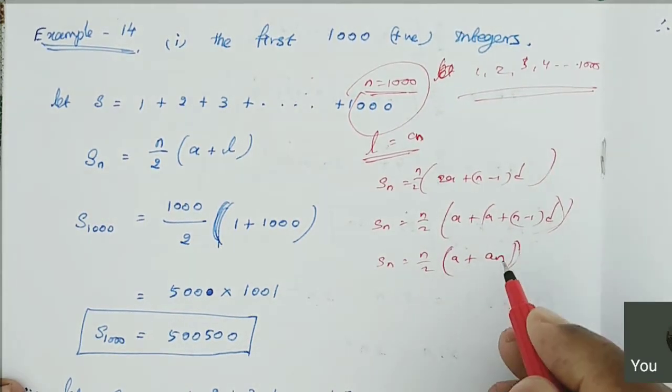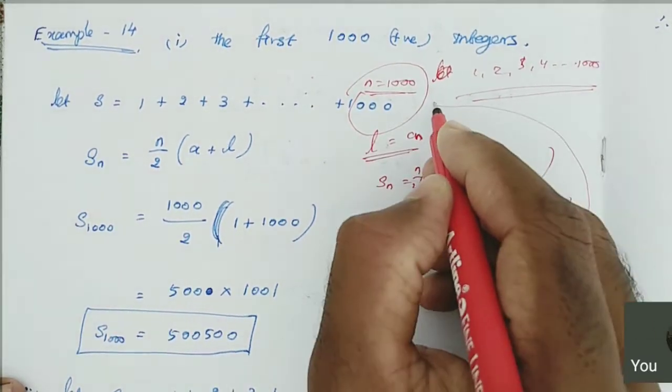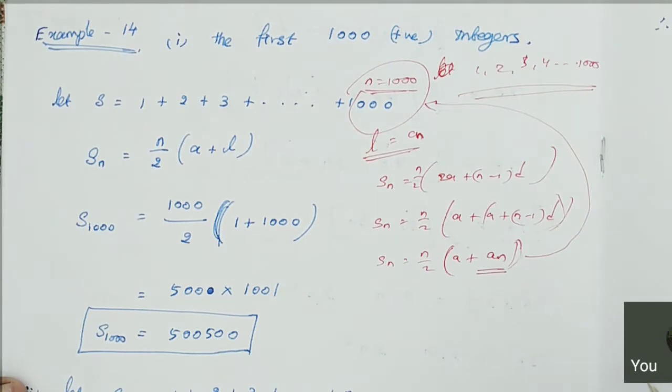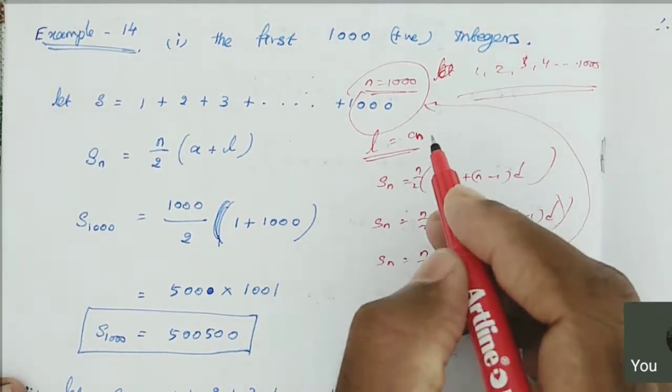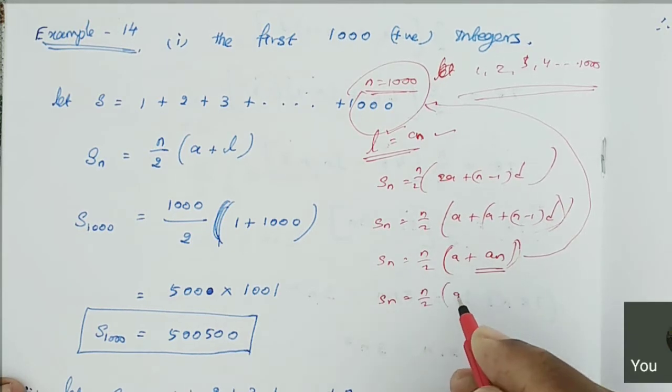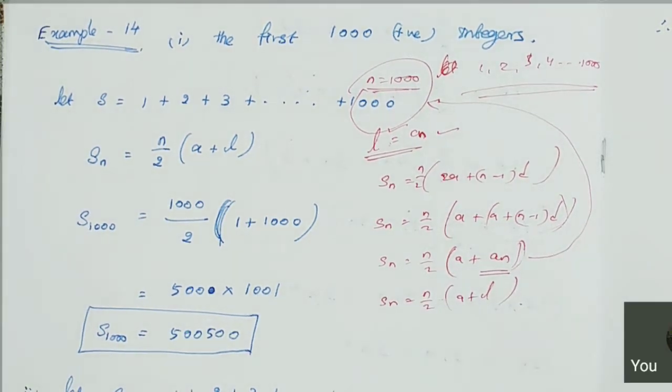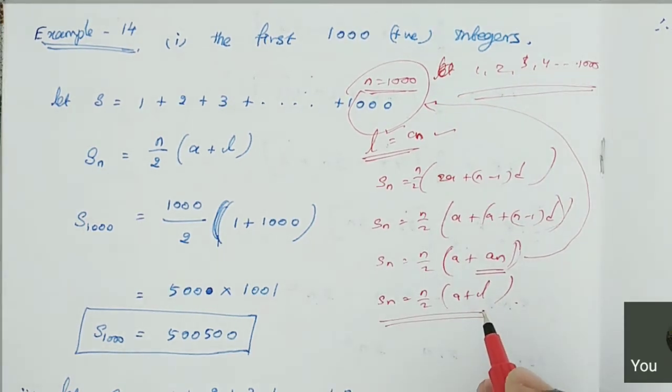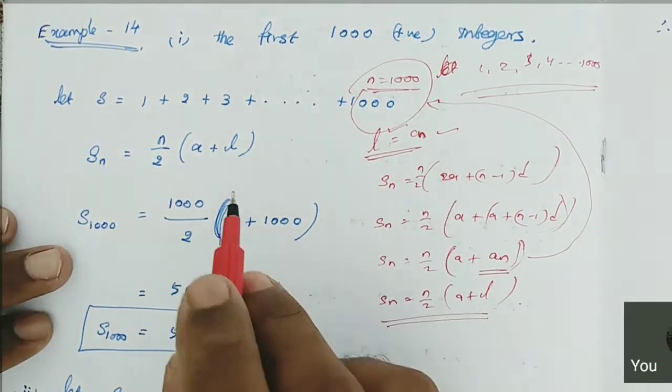An. Very good. Now here an is the last term or not? 1000 is the last term. The an and l are the same here. So Sn is equal to n by 2 into a plus l. Very good. Now we can use this formula to find it. Very easy. When they give the last term and first term, we can go with this formula.